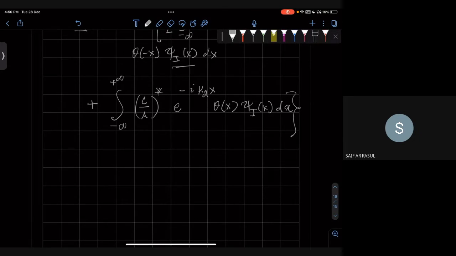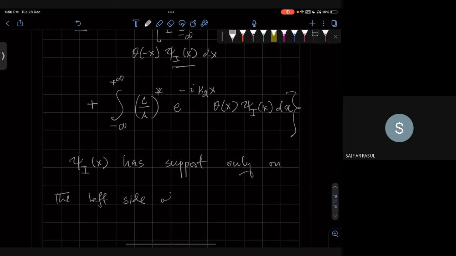Now note that psi of I of x, the initial wave function at time 0, has support only on the left side of the potential step, right?